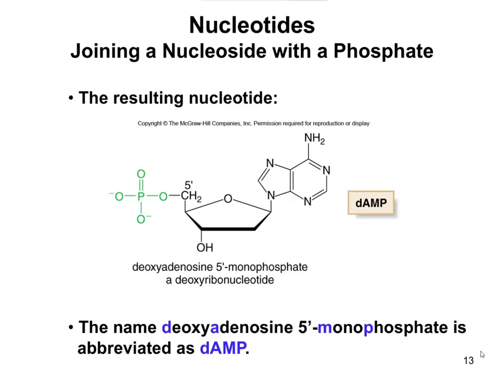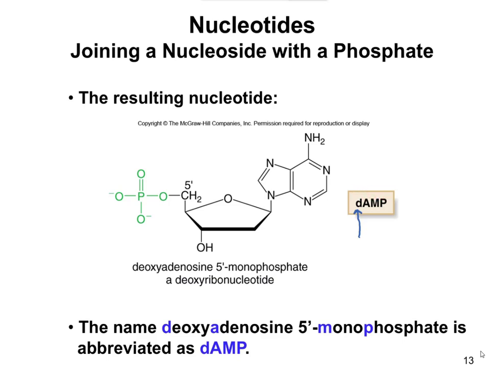It also gets a lowercase d in front of it. That lowercase d tells you that you have deoxyadenosine 5' monophosphate. So d stands for your deoxy, and then adenosine monophosphate.